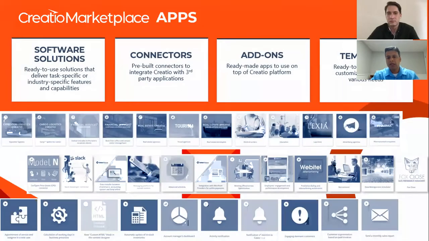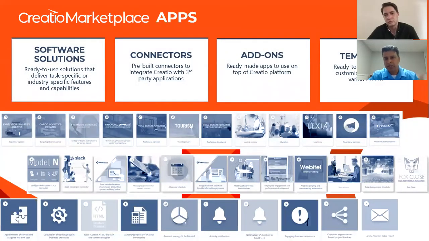Now, when you start diving a little bit deeper, you'll see that the marketplace applications divide into 4 different areas: vertical solutions, connectors to third-party applications, add-ons to the existing Creatio platform to take it to the next level, or business processes.